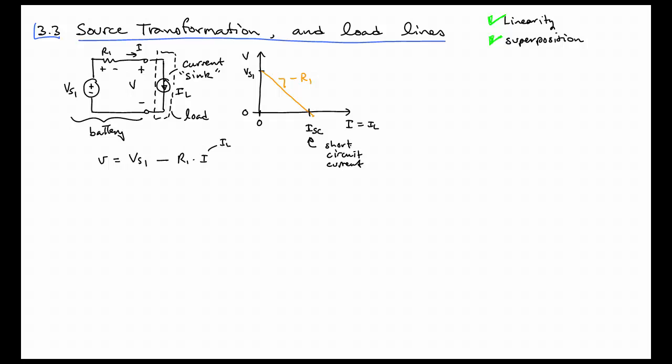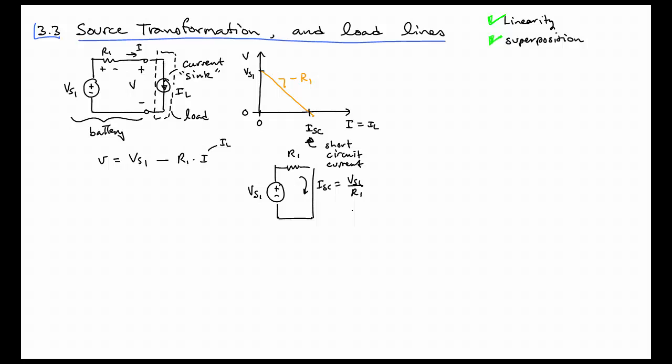So if we're again thinking of this as a battery, we short the battery, how much current flows? It's the short circuit current. And I think you can see what it is, but let me draw what that circuit will be when it's shorted. We just have our VS1 and R1, and the short circuit current ISC will just be V over R.